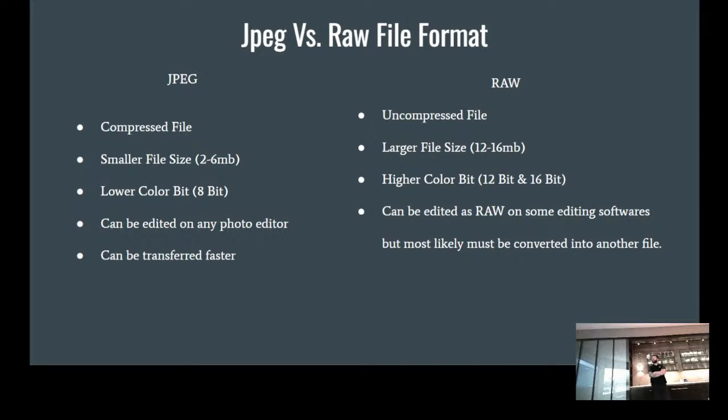For JPEGs, they can be edited on any photo editor that you have. So whether that be the cheapy one that came with your computer, or an Adobe program, or Capture One Pro, DaVinci, any of the high-end ones, you can edit any type of photo or any JPEG on any of those. However, if you're using a RAW, it can only be edited with certain software.